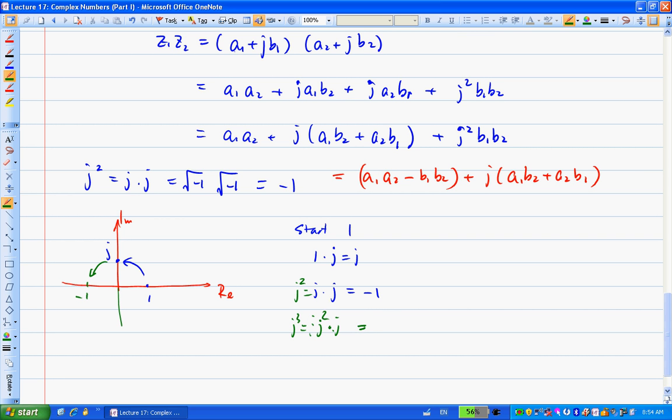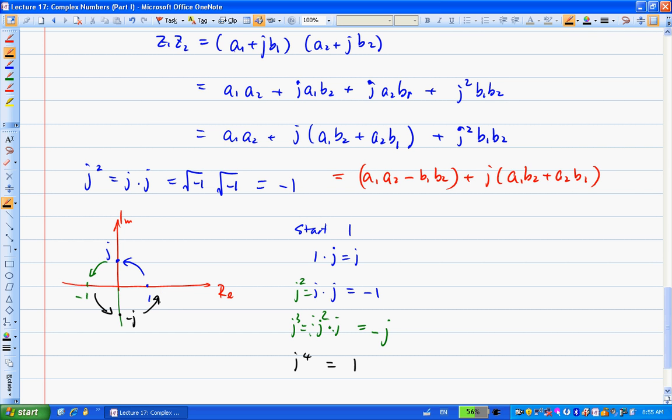I guess you cannot give me an answer immediately. What would this one here be? Negative j, right? Here's another rotation. Finally, j to the fourth, you end up back at number 1.